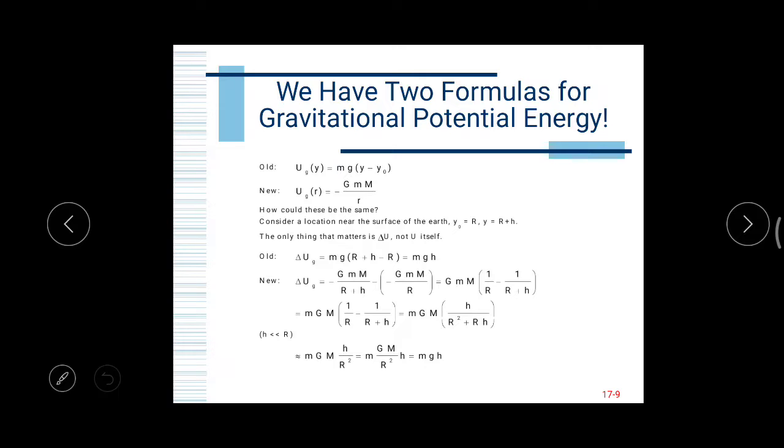And one more thing, that is the general equation for finding out the potential energy, that is G into capital M into small m divided by r.